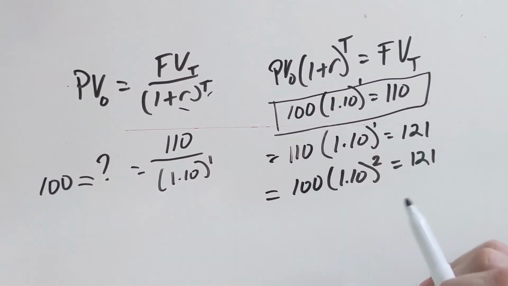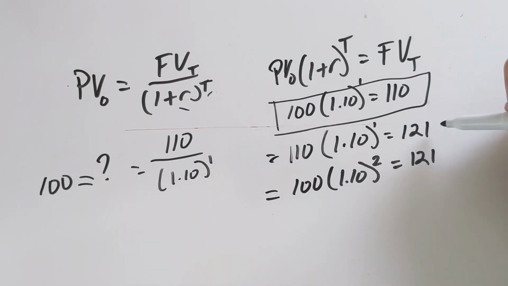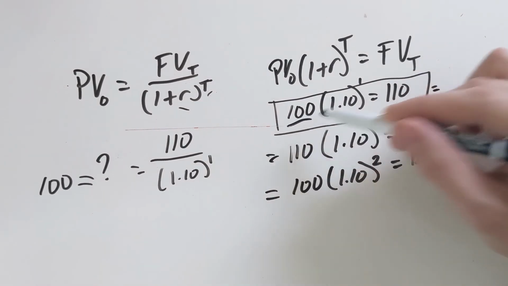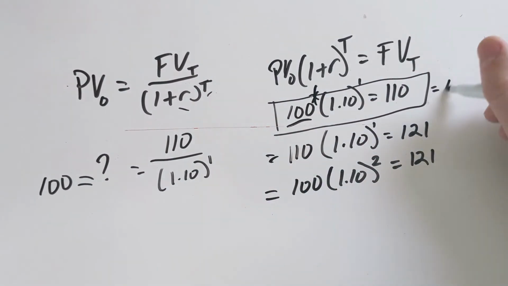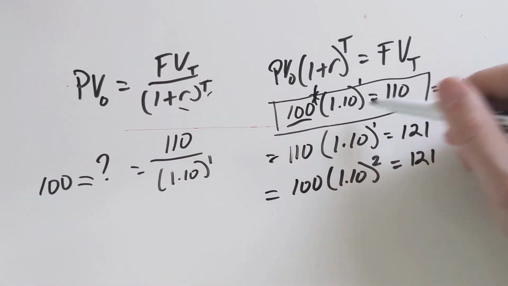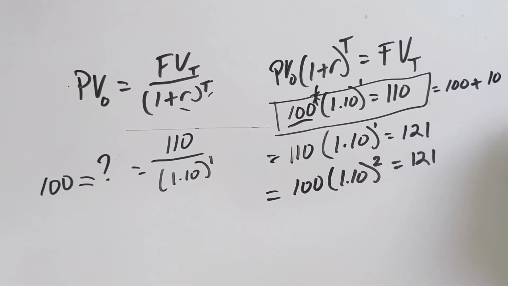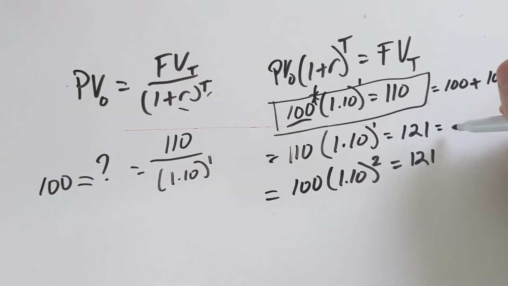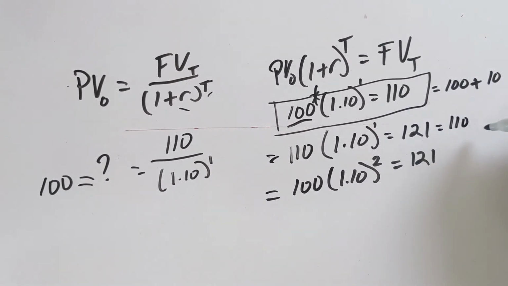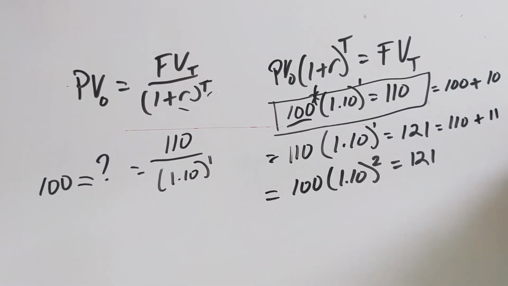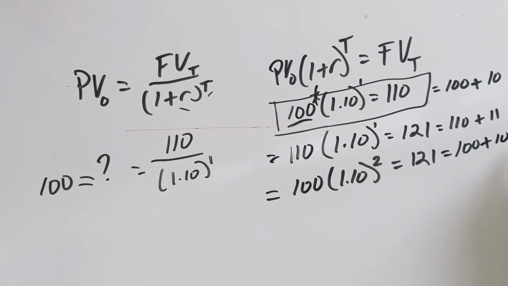Now, the next thing to point out is functionally, what we've got at the end of a year is you get your $100 back, plus you get 10% interest, which is the other $10. This is equivalent to, well, you get your $110 back, plus you get an extra 10%, which is another $11. Now, if you notice, you're getting $100 back. You're going to get 10% on that $100 during the first year.